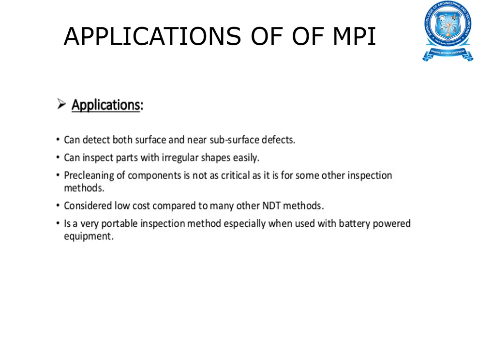Only small sections or small parts can be examined at one time. Coming to the applications of magnetic particle inspection, using this technique you can detect both surface and near subsurface defects. You can inspect parts with irregular shapes easily. Pre-cleaning of the test specimen or components is not as critical compared to other inspection methods.